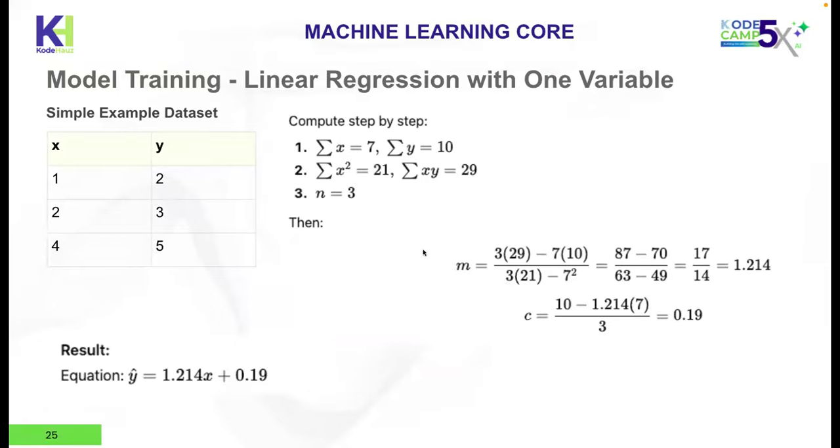But for linear regression with one variable, in this case, we came out with a mathematical solution that will give us the M and the C in one go, right? But in the real case, it is never like that.